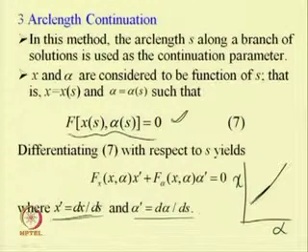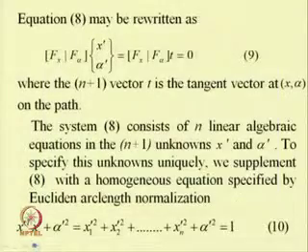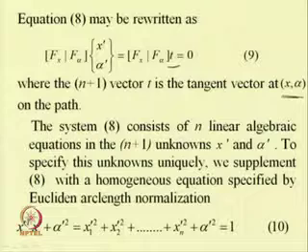So, from this equation we can write [f x, f alpha] times [x dash, alpha dash] equal to 0, where the n plus 1 vector t is the tangent vector at x alpha on the path. So, one can find this tangent vector.